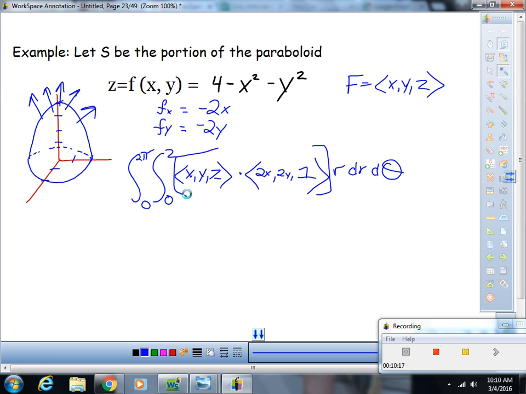And our R is going to multiply by this entire thing. What is the answer to a dot product? Is it a scalar or a vector? It's a scalar. So 0 to 2 pi, 0 to 2. What is our dot product here? Okay?